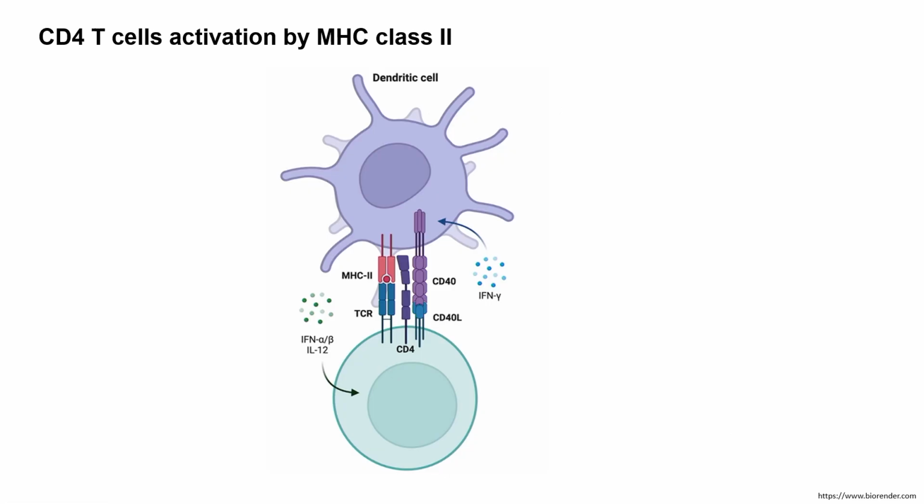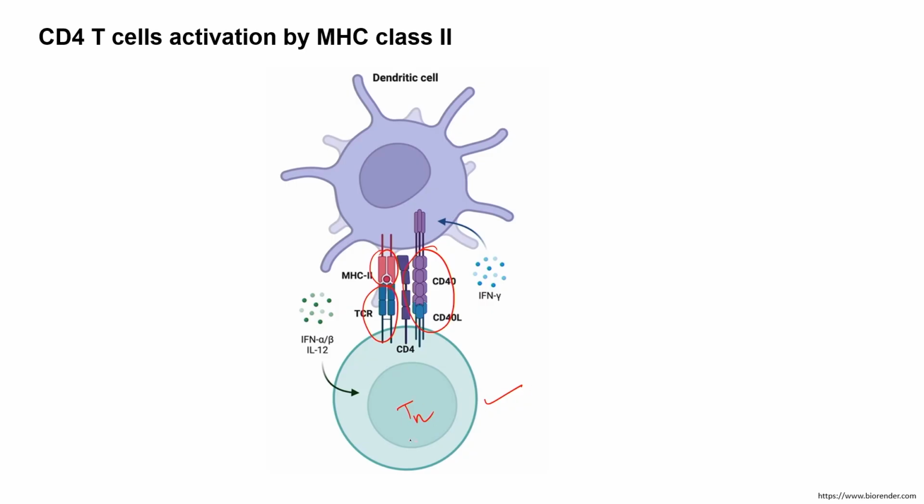So, this is the final pictorial representation of the activation of CD4 T cell by MHC2. What is happening here is a dendritic cell expressing the antigen through MHC2 can bind to the TCR, which is the T cell receptor present on the T helper cell, and this is again a stimulation pathway which we will study in later classes, but just remember that these are other accessory proteins which are required to facilitate the activation of T helper cell in order to do multiple functions.